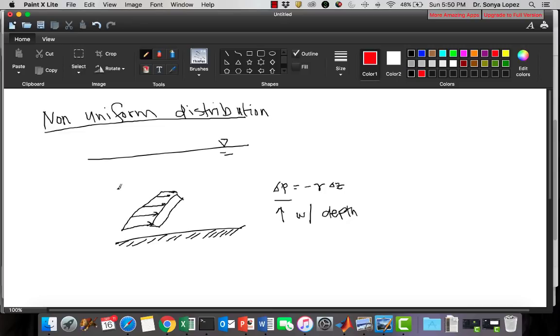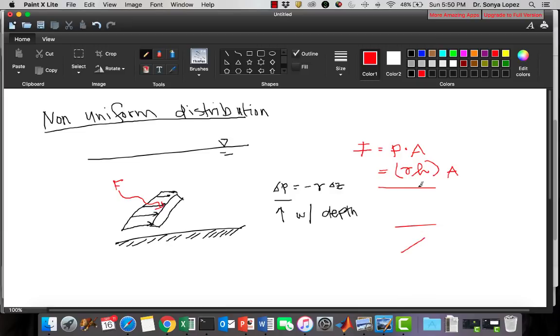We're still going to have this force due to the pressure acting onto the beam, okay? And that force is still going to be pressure multiplied by area, and it is still going to be gamma H multiplied by area, okay? Now, this is the equation. This is always going to be the equation, whether your beam is this way or it's this way.